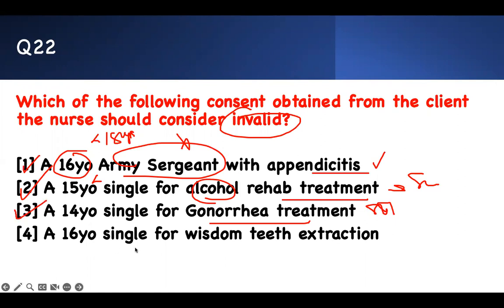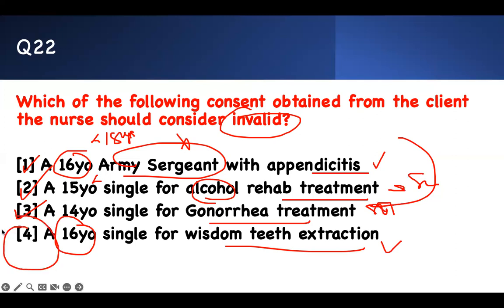A 16-year-old single for wisdom teeth extraction. This is not an emergency. It does not meet any of these criteria. It's a routine procedure. You can't just go and say, I want my wisdom teeth out. You need your parent's permission. This is a 16-year-old. So for this patient, we should consider the consent invalid.